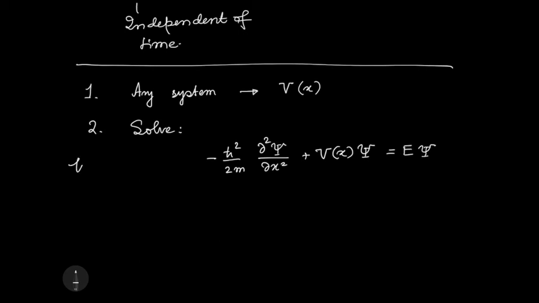This is often called the time independent Schrodinger equation, just because the psi is independent of time here.